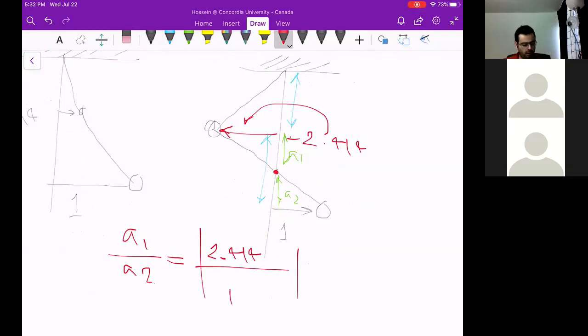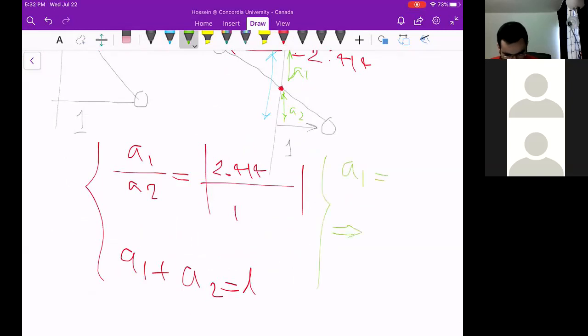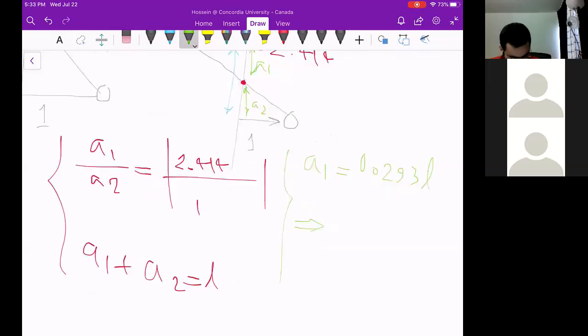On the other hand, we know that A1 plus A2 is L, and L is given to us, so you could simply identify the node. Therefore, A1 is going to be 0.293 L, and A2 would be 0.707 L.